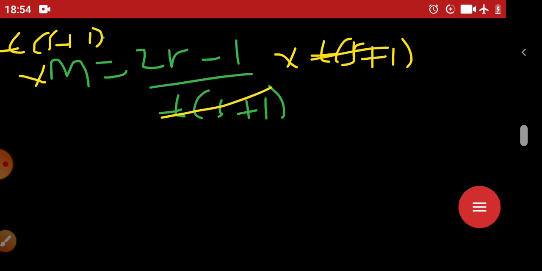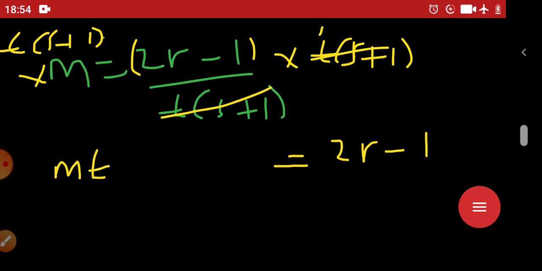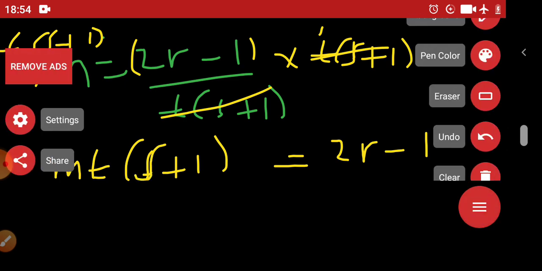So this will cancel this and it will have 1, and then 1 times this thing, we have 2R minus 1. And this side will have MT(S plus 1). So now we need to make R the subject of the formula.